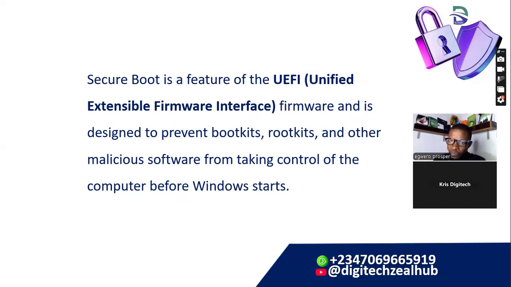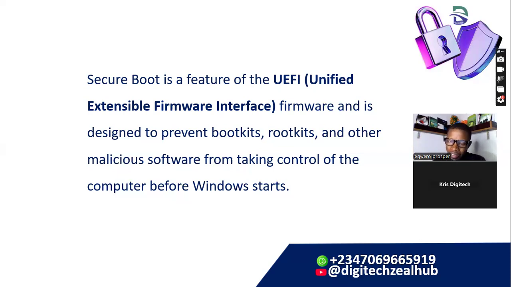And what does that mean? It is firmware, and it is designed to prevent bootkits, rootkits, we're talking about the very startup interface of your system, and other malicious software from taking control of the computer before, can you see the emphasis now? Before Windows starts. So this is the security that is ensured before Windows starts.